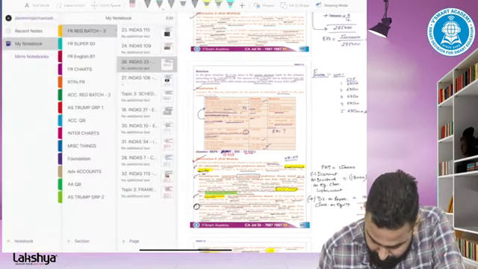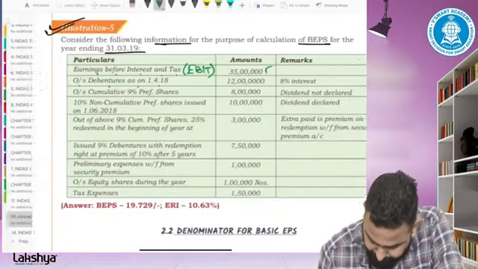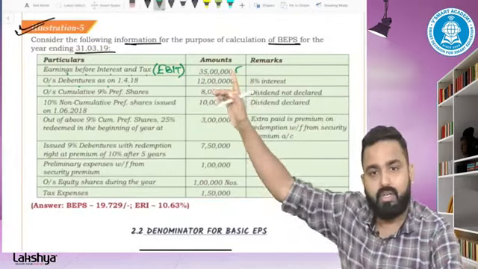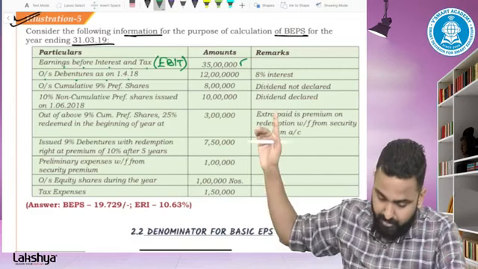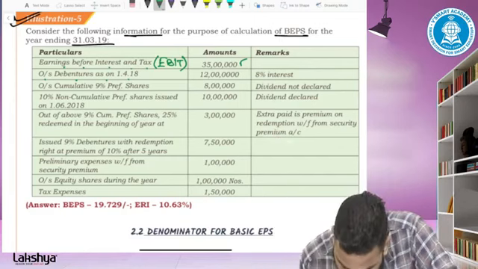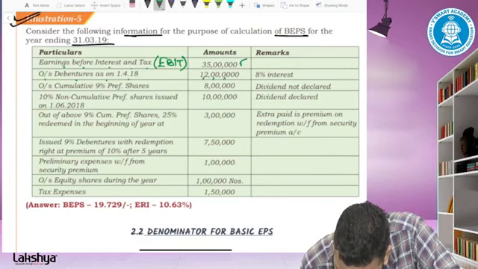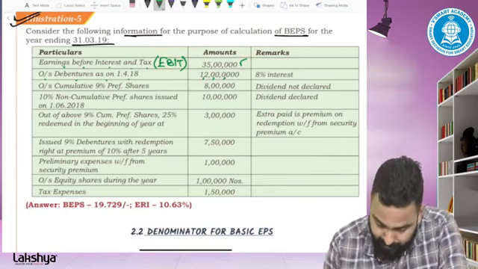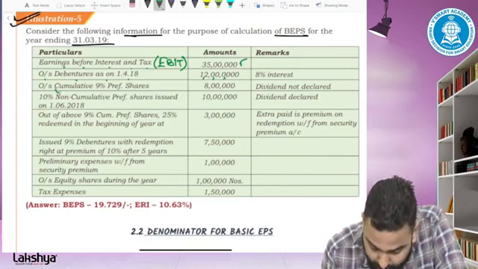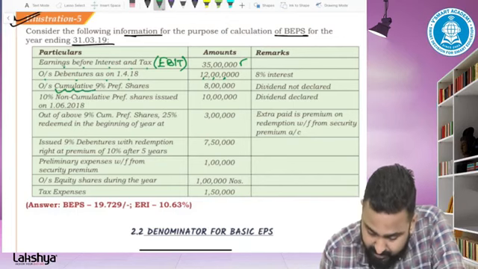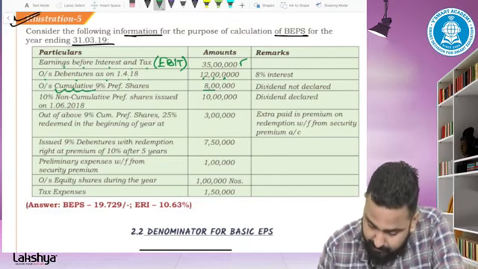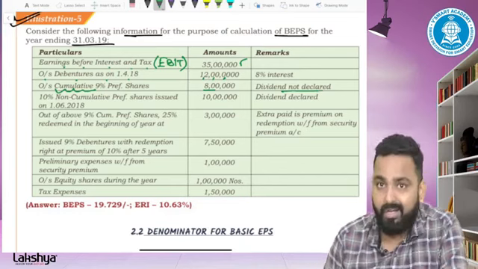Cumulative 9% preference shares, 8 lakh. Dividend not declared.